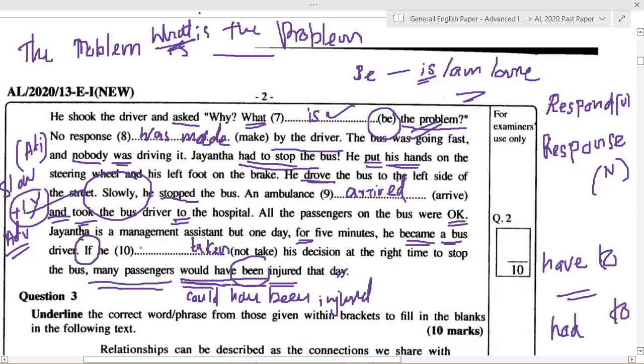If he had not taken his decision on time to stop the bus, many passengers would have been injured, right?